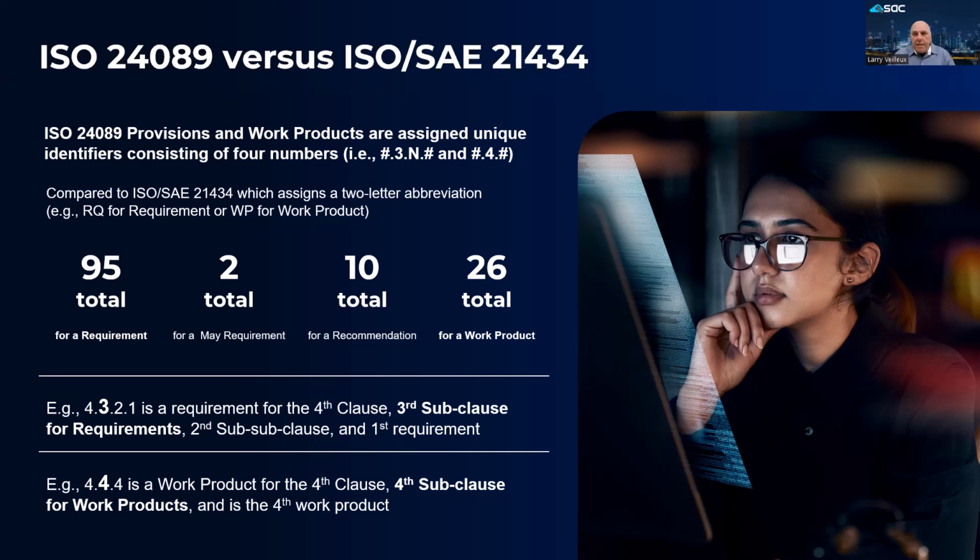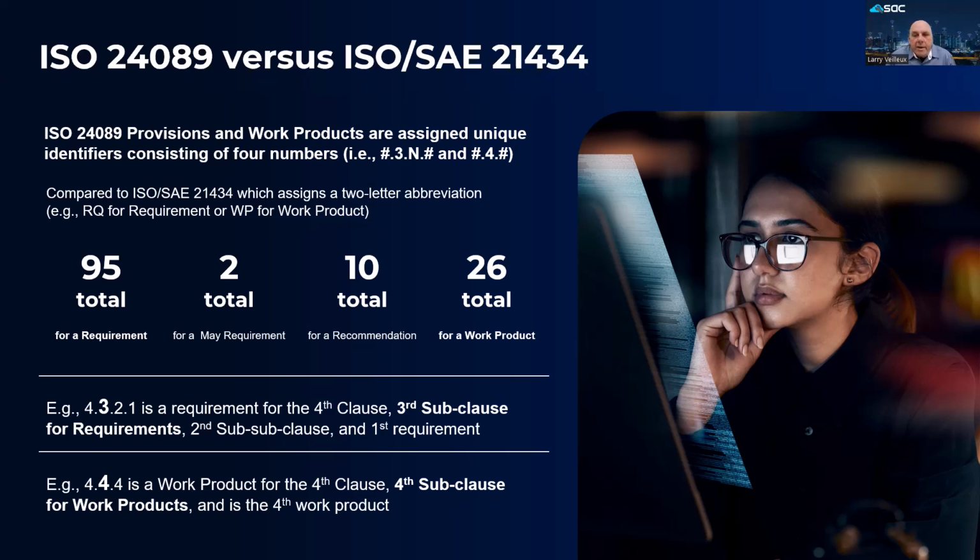For example, ISO 24089 has 34 versus 87 pages, 6 versus 11 normative clauses, 26 versus 42 work products, and 107 requirements and recommendations versus ISO SAE 21434, which has 118.